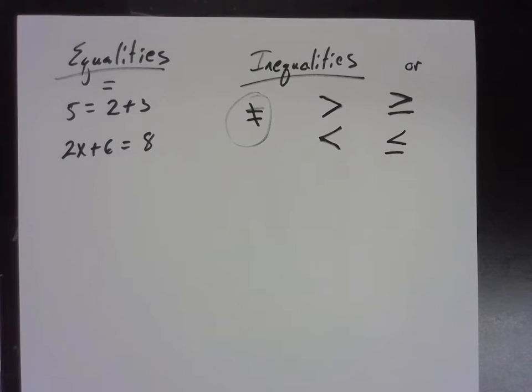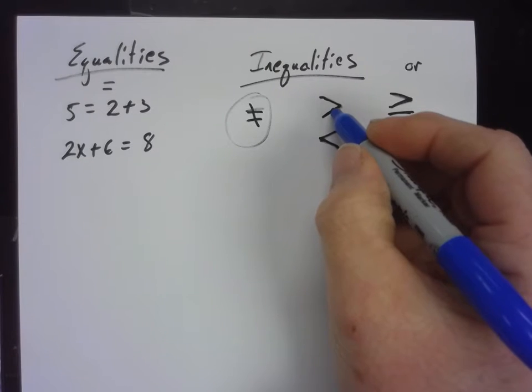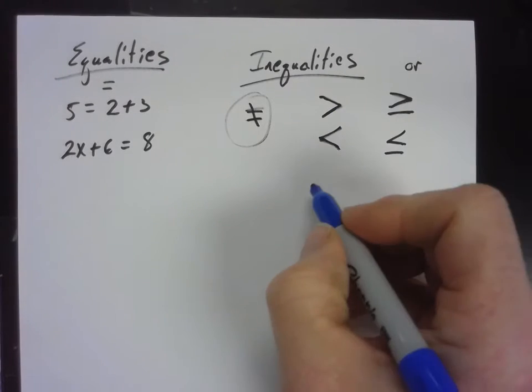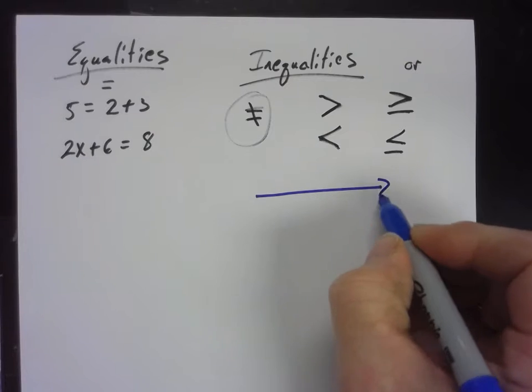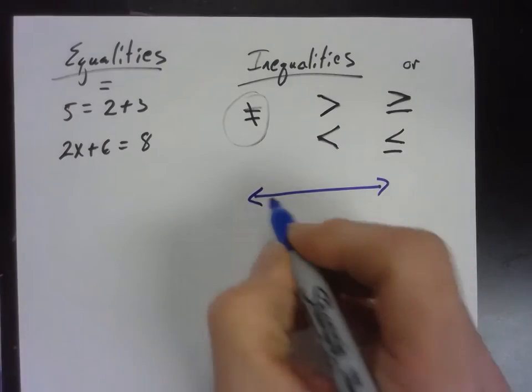Now, I told you I normally call this a greater than symbol, and that's because I normally read from left to right. However, in mathematics, we do not have to read from left to right. We can read from right to left. It doesn't matter.